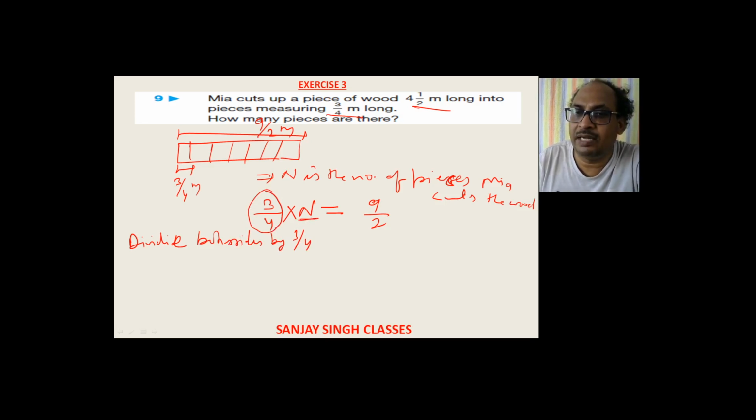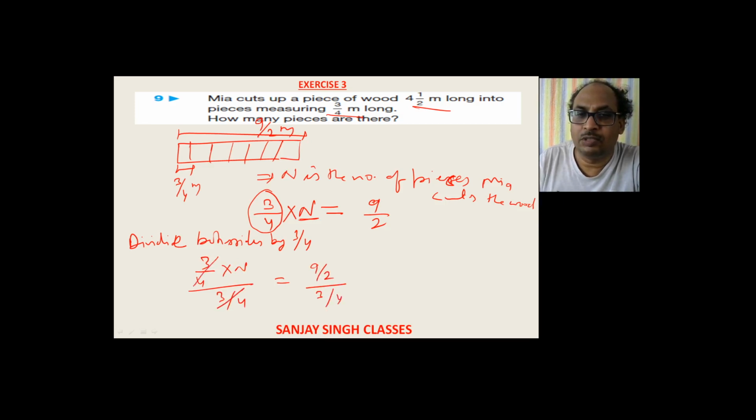So if we are dividing by 3 by 4 on this side, we need to divide the right hand side also by 3 by 4. So it will be like 3 by 4 into n divided by 3 by 4 is equal to 9 by 2 divided by 3 by 4.